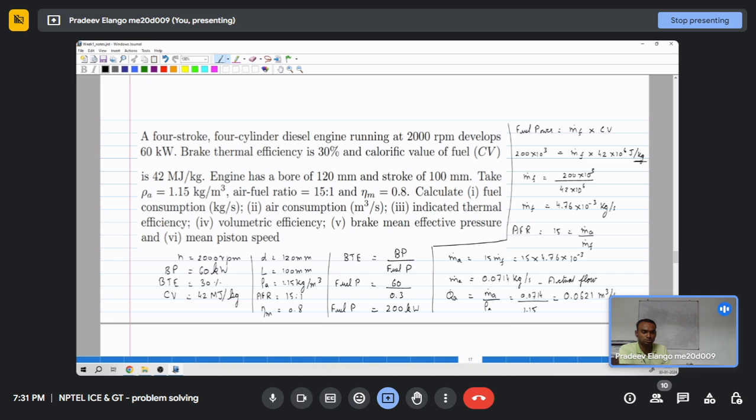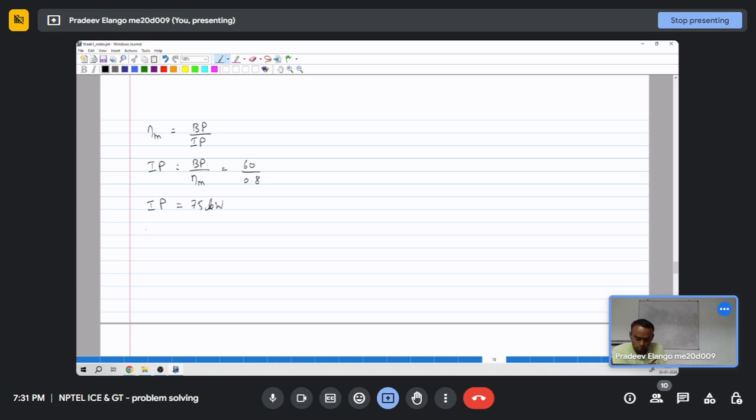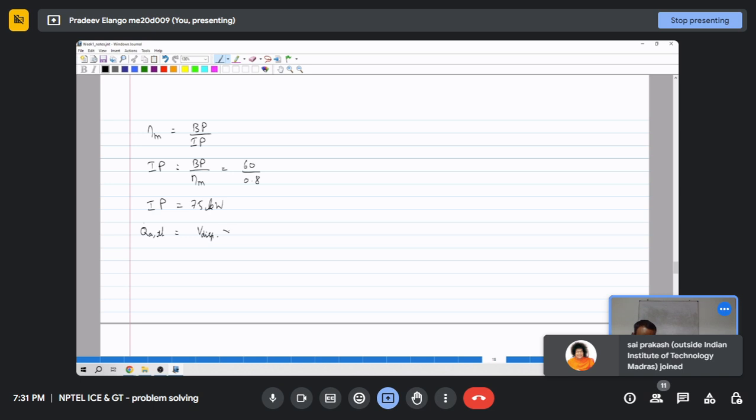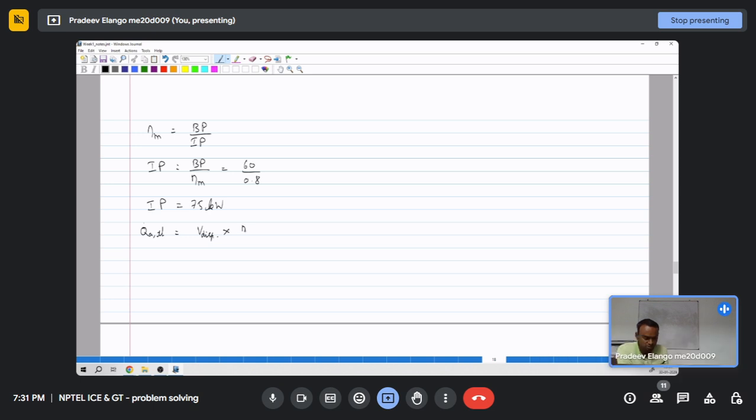Now, based on the cylinder size and the speed, we can calculate the displacement volume rate, that is the theoretical flow rate. So first we can calculate q dot a theoretical, which is equal to v displacement into cycles per second, that is engine speed by 120.